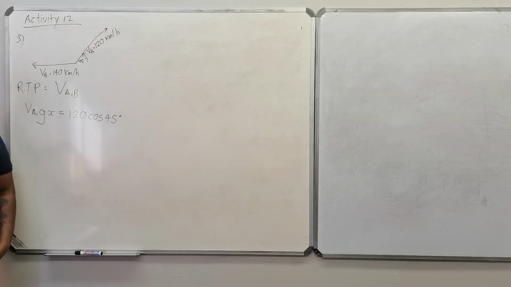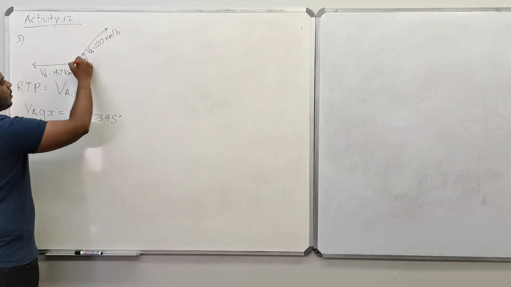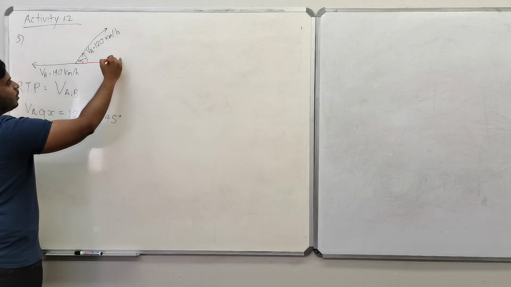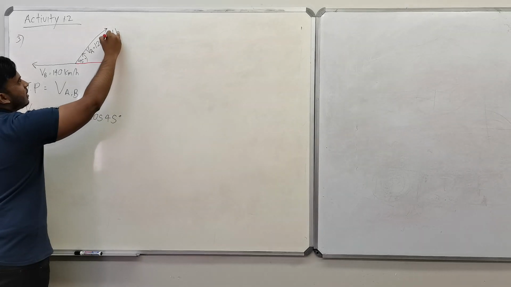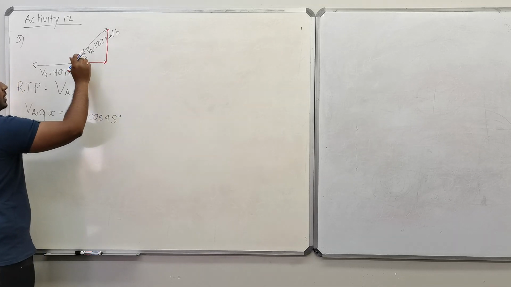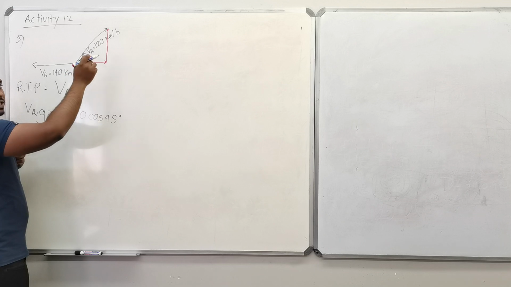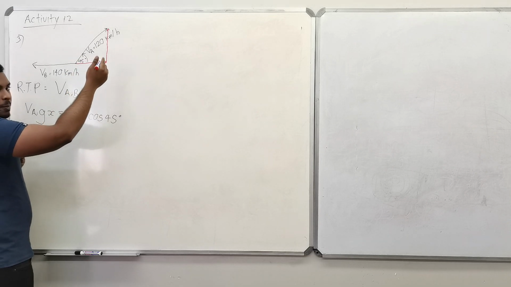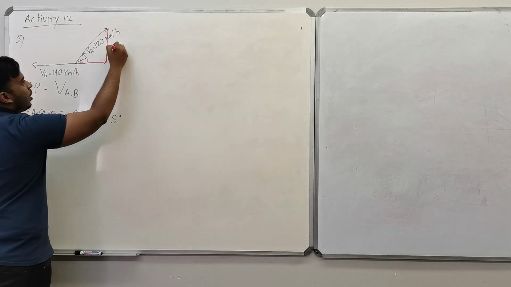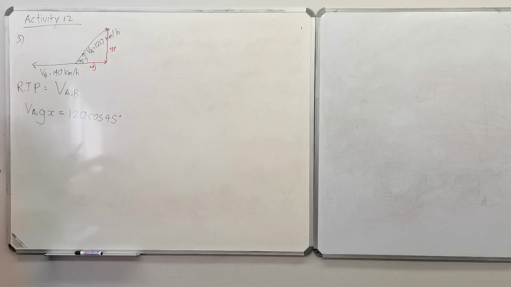Is anybody confused? Okay. Remember that this line here going up can be broken up into its x component and its y component, right? So to get this, if this is your angle, this will be what to the angle? Opposite, adjacent, hypotenuse, opposite, right? So this is your opposite, and this here is your adjacent. Now, what do we use opposite in, and what do we use adjacent in?